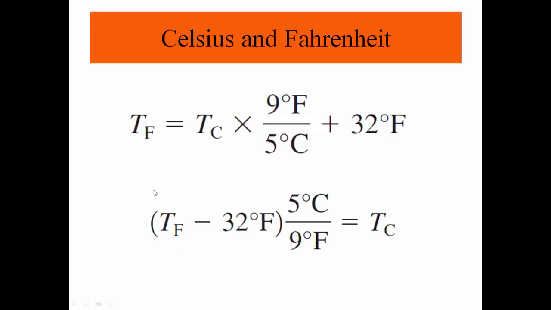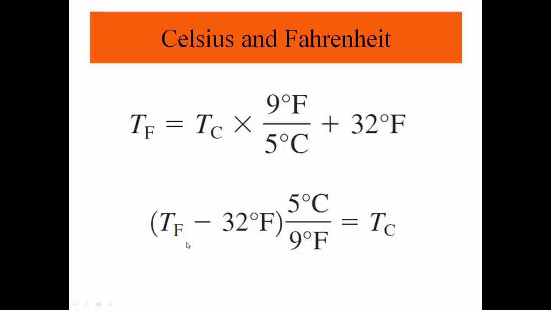When we have a temperature in Celsius, we multiply it by 9 over 5, or 1.8, plus 32. These are the units for the conversion factor. So 9 over 5 times the temperature in Celsius, plus 32, gives us the temperature in Fahrenheit.